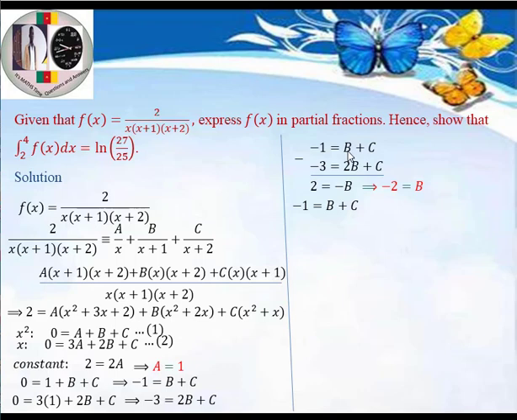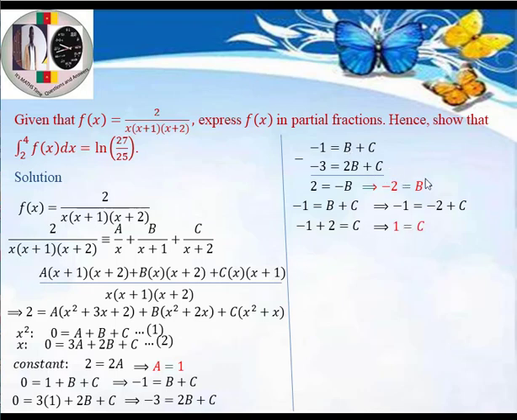We are going to have -1 equals -2 plus c. When we take -2 to the other side, its sign changes to positive. So we are going to have -1 plus 2 equals c. When we add these two values of -1 and 2, we are going to have 1. So the value of c is 1.